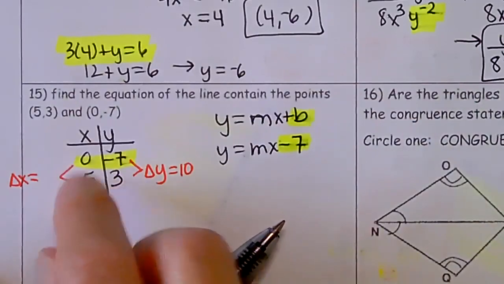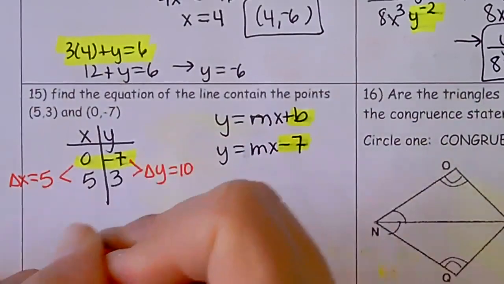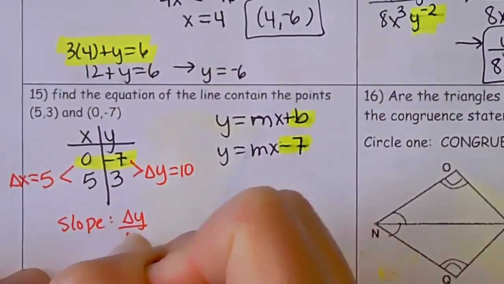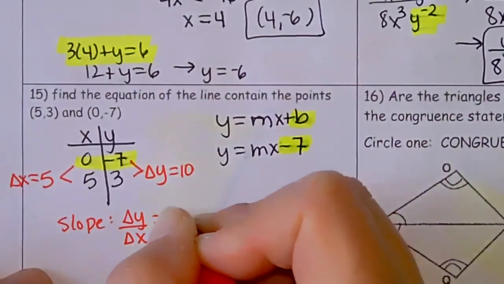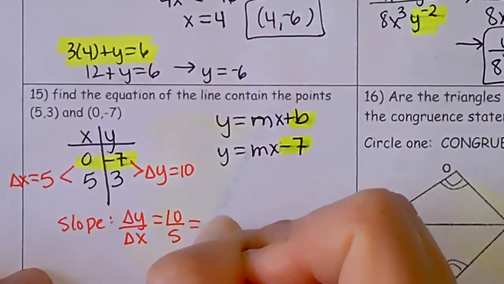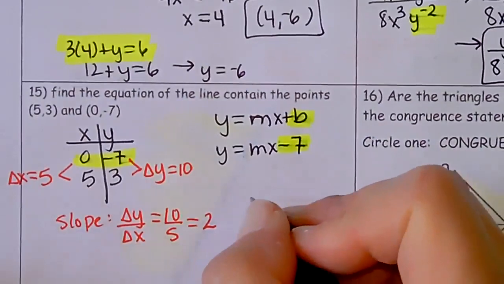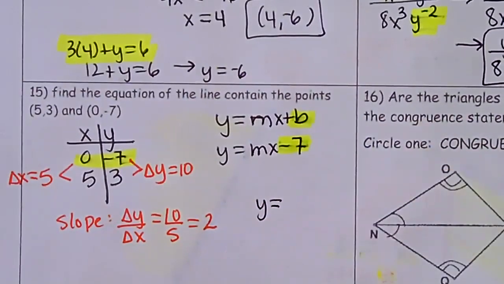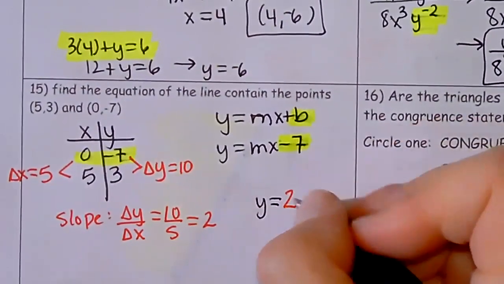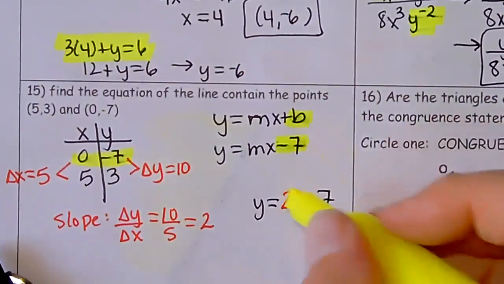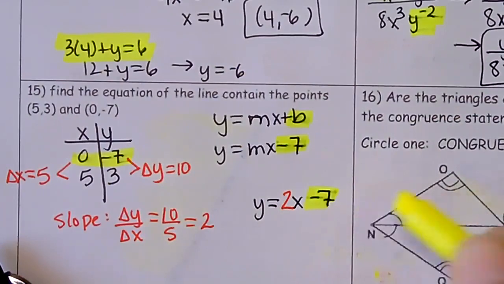Here, what am I doing from 0 to 5? I'm adding 5. So remember, your slope is your change of y over change of x, which is 10 over 5 or 2. So now I'm going to have y is equal to 2x minus 7, just so you can color code and see where everything's coming from. And that's your equation. That's your answer.